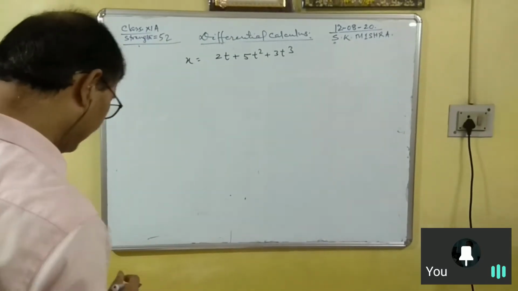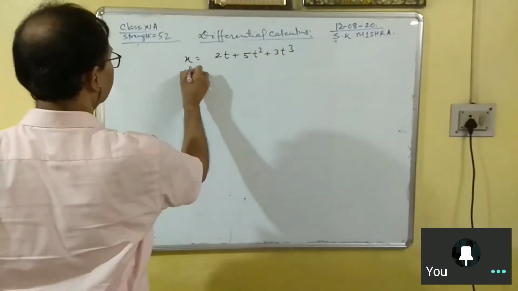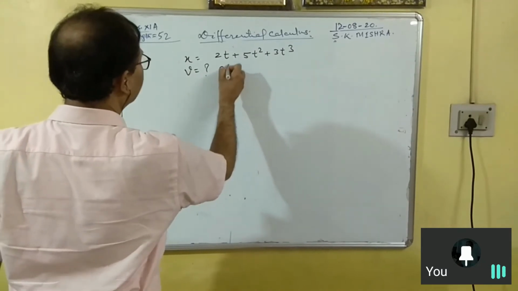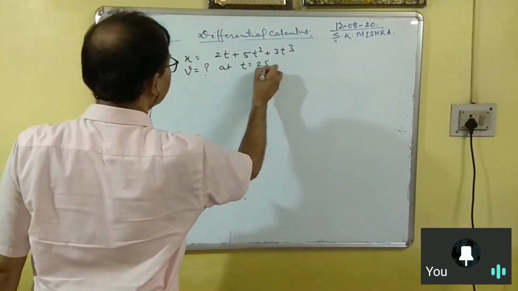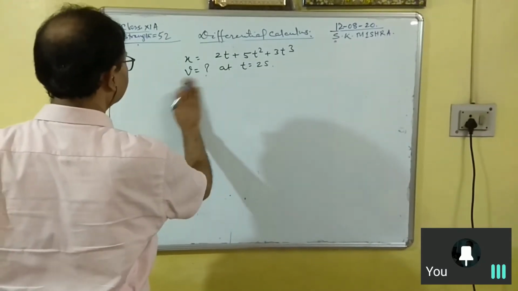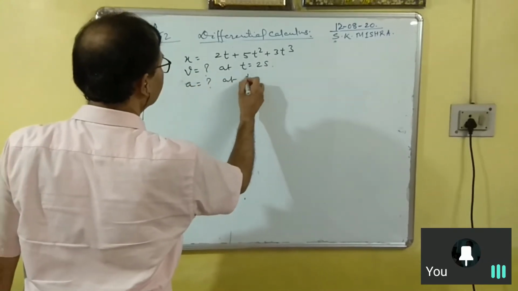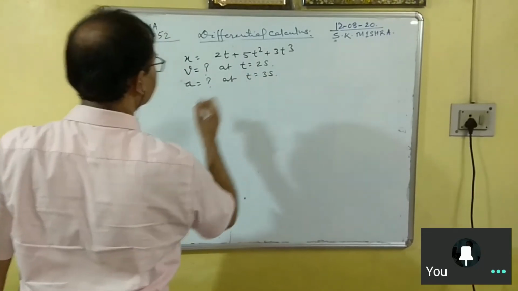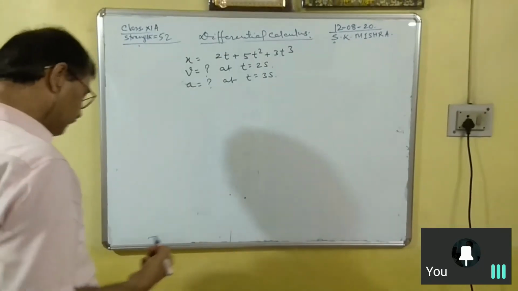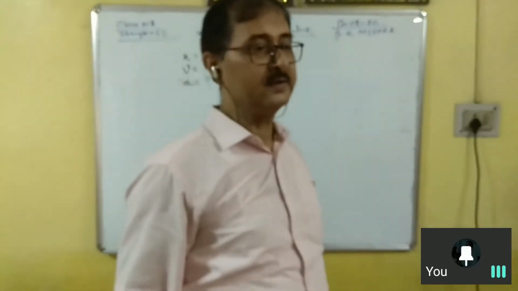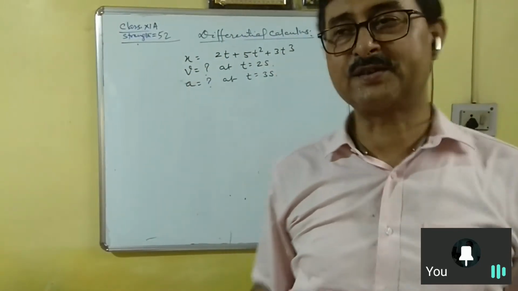You have to find velocity, instantaneous velocity at t is equal to, suppose 2 seconds. You have to find acceleration at t is equal to 3 seconds. Okay. So how will you find velocity? Initial velocity, you can also find it.